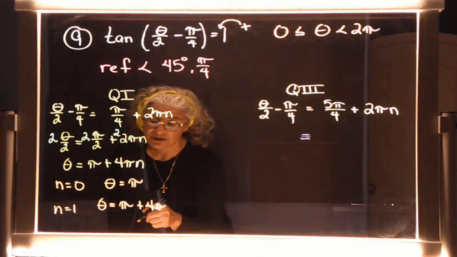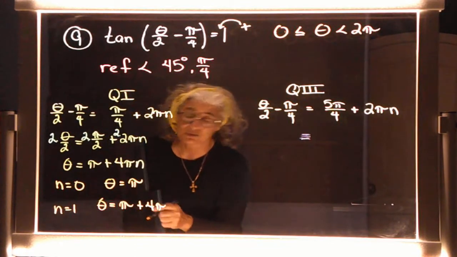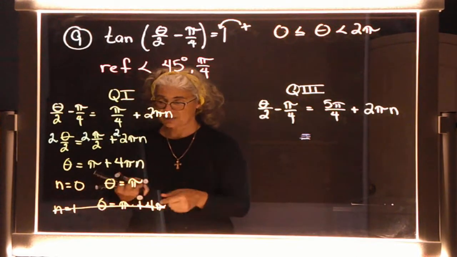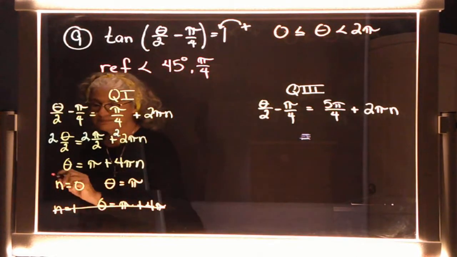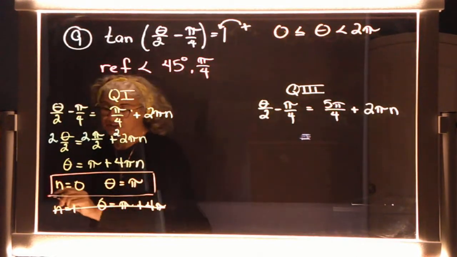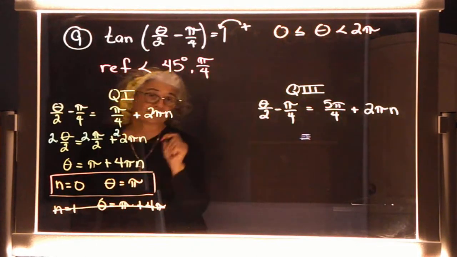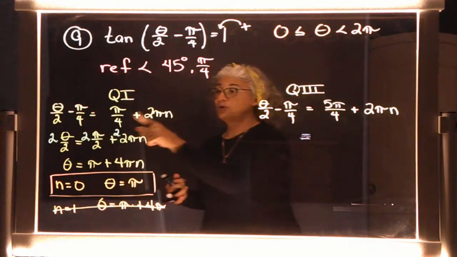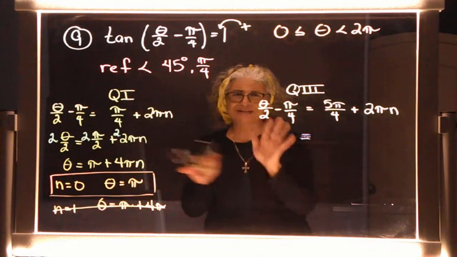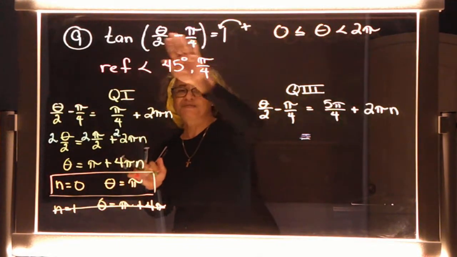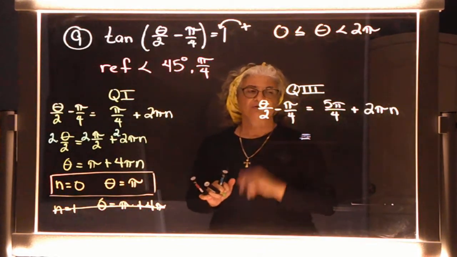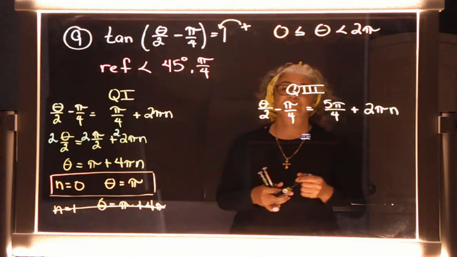Well, that's 5 pi, isn't it? Well, that's clearly beyond 2 pi. So in this particular case, I have one solution. For quadrant 1, I've got one answer, and that's theta being equal to pi for this quadrant 1 angle. But remember, it's been manipulated based upon this junk inside here. Got it? Okay, so let me go to quadrant 3.